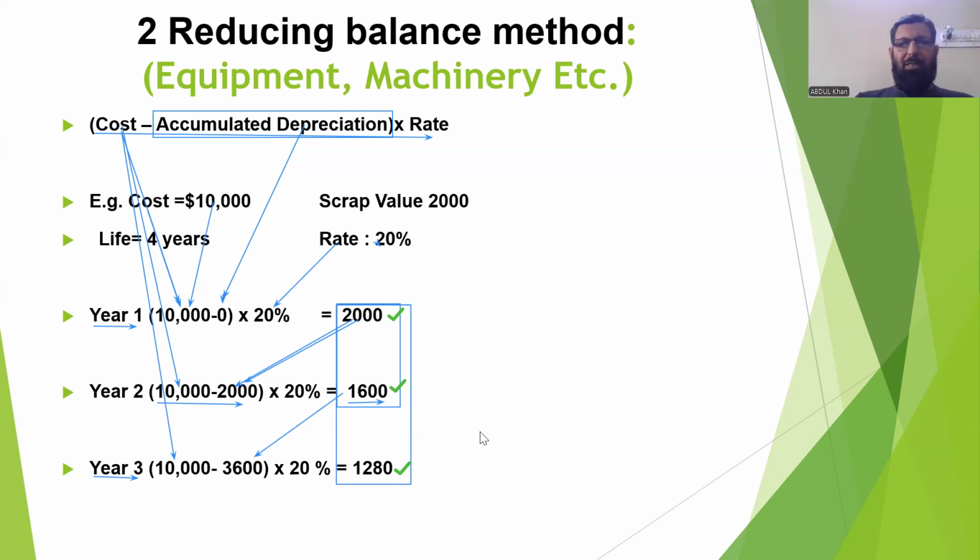There is another way you can calculate it, because this amount was already calculated in the previous year. You can just add 1280 plus 3600, and you will get the same amount as 2000 plus 1600 plus 1280. Let me show you, so you will understand it.